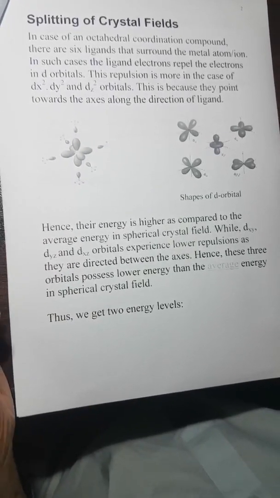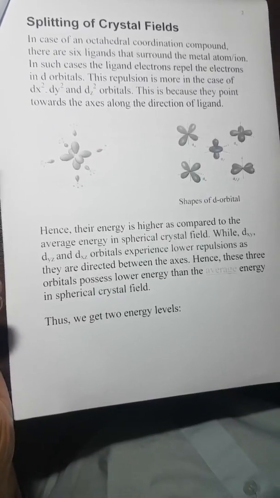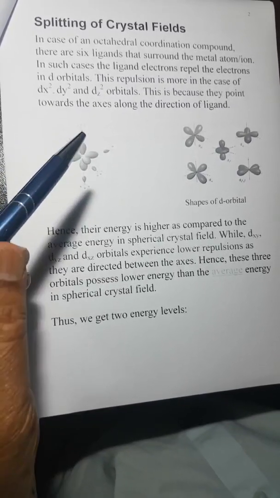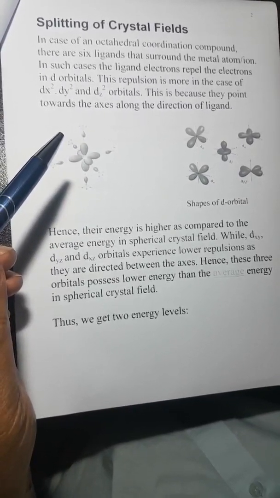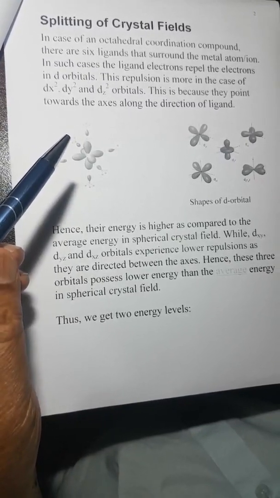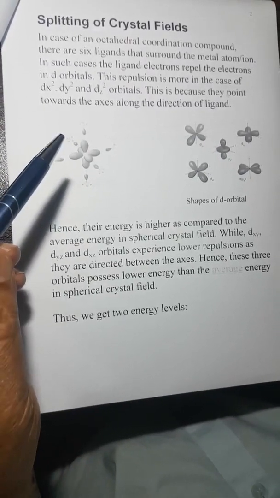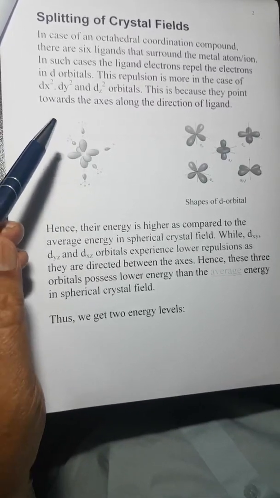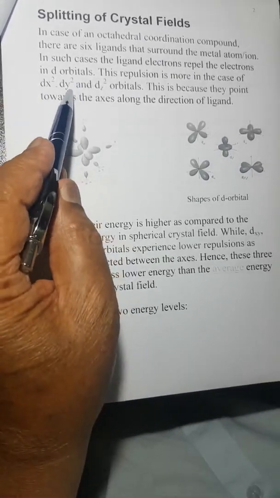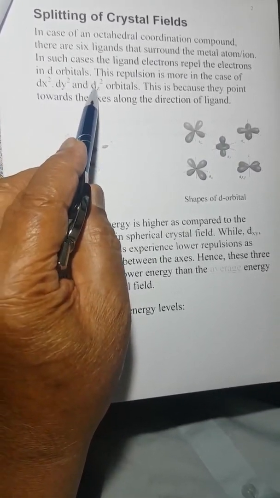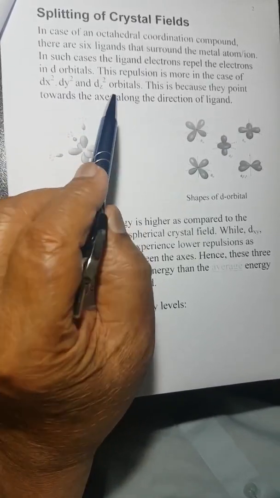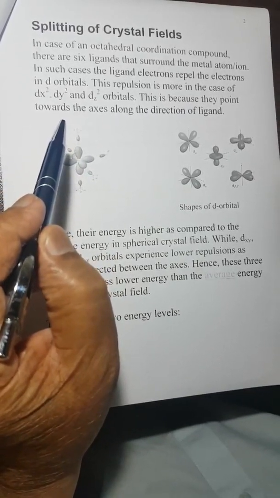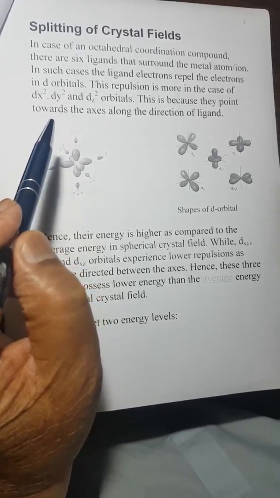In the case of an octahedral coordination compound, there are 6 ligands that surround the metal ion. In such cases, the ligand electrons repel the electrons of the d orbitals. This repulsion is more in the case of the dx square minus y square and dz square orbitals. This is because they point directly along the axes, in the direction of the ligands.